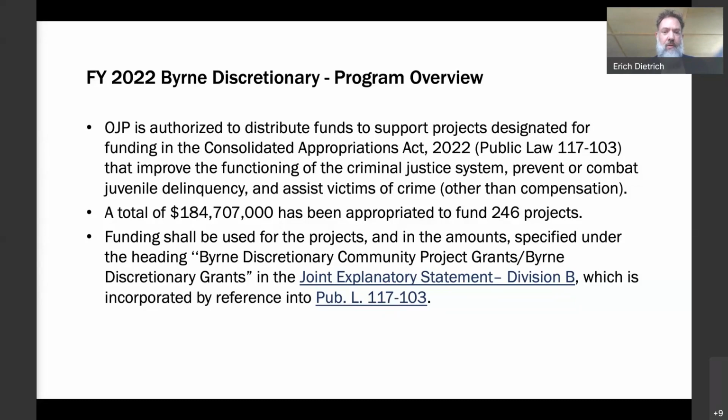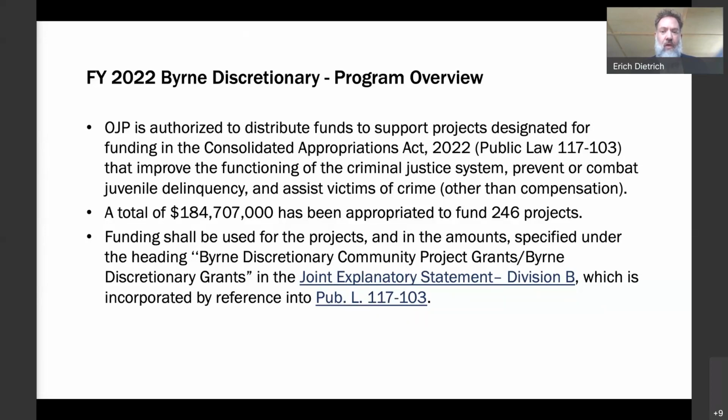Many of you may be familiar with the Edward Byrne Memorial Justice Assistance Grant, or JAG program, which is a formula grant program that BJA administers every year. The Byrne Discretionary Program is not JAG. Congress used the name Byrne to indicate the OJP projects to receive funding with a criminal justice nexus. Second, many people associate the term discretionary with only competitive grant programs, and you may have been worried there would be some competition for the project.